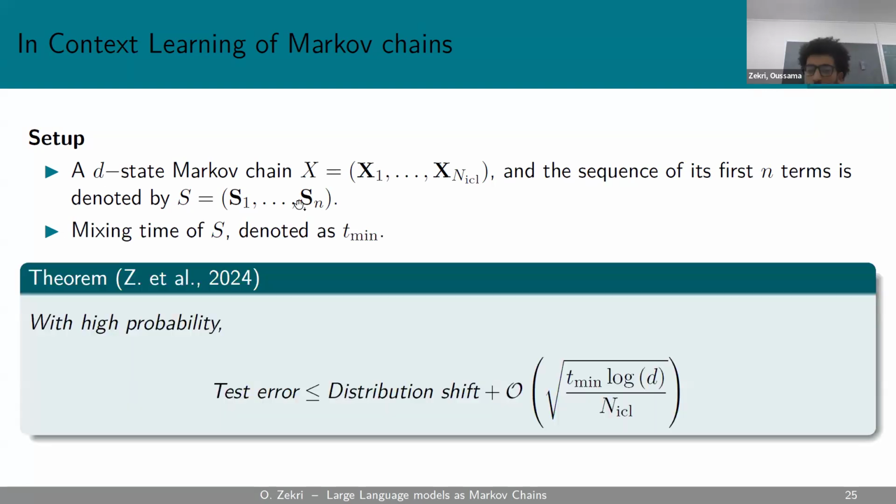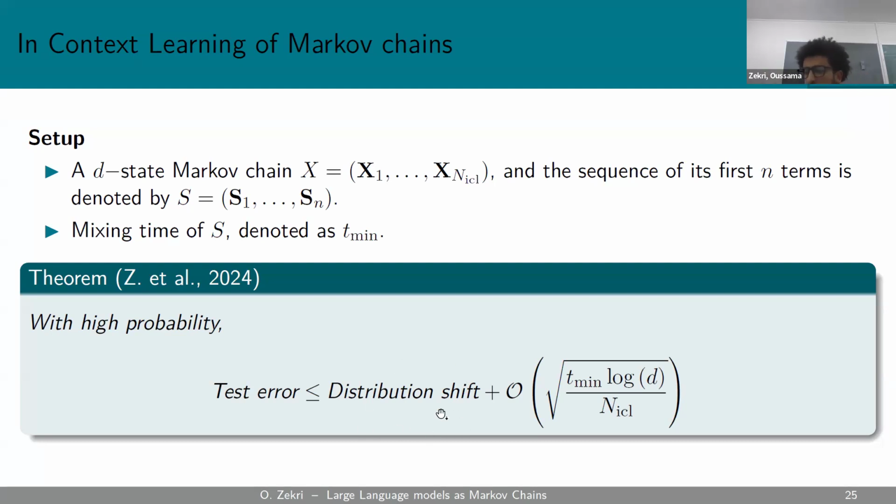You can derive this kind of bound. You can bound your test error with high probability by a sum of 2 terms. First, a distribution shift, which tells you that if your model has been trained exactly on this sample, obviously this term will vanish.